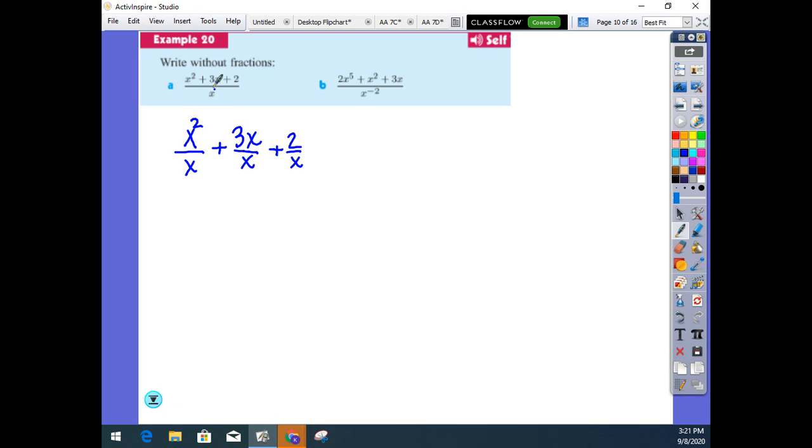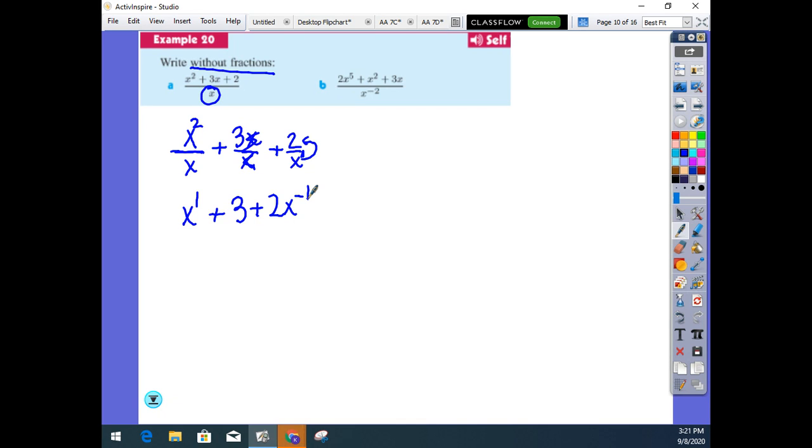I can do that when I just have one single part on the bottom. Now I'm dividing x's, so I keep the base, subtract the exponent. x divided by x is 3. There's nothing to combine here, but I need to move it so I have no fractions. When I move the x to the top, it's got a 1 exponent, so it just becomes -1 when we move it to the top.